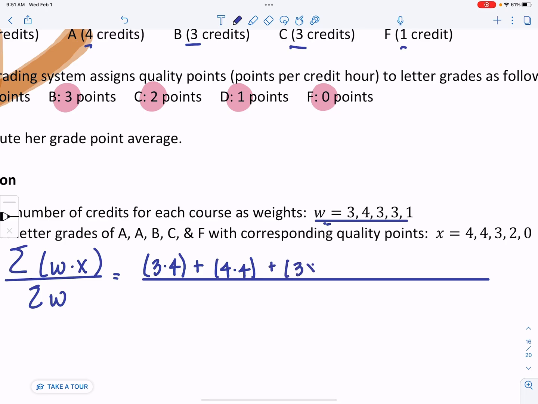And then 3 times 3. And then 3 times 2. And then 1 times 0. And I changed my symbols halfway through, so I'm going to make them all match.